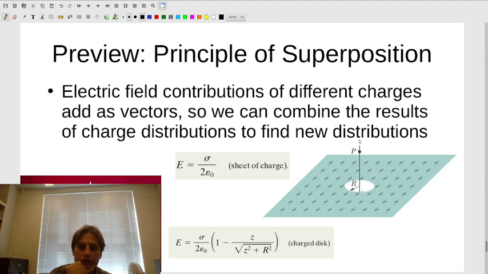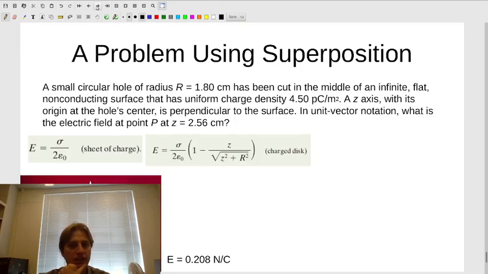What we're going to do next time is show how if you have a disk of charge that's cut out of that sheet, you can combine these two electric field contributions to find out what this new situation is where you have, for instance, a missing piece of that electric field distribution. Okay, so we'll do this problem next time. If you want a super challenge, you can try to figure it out yourself, that's okay. But we're going to start our video next time with this.